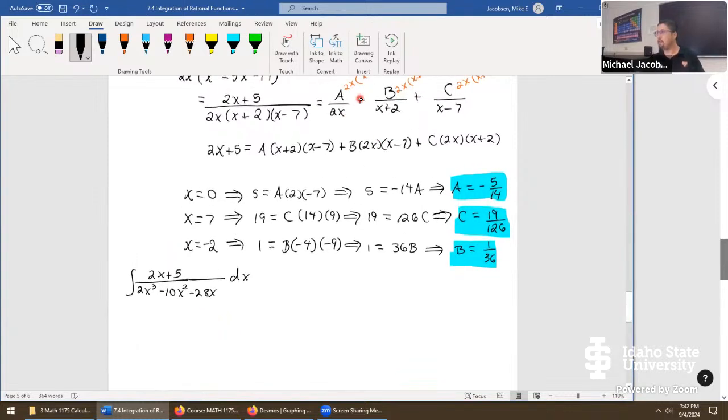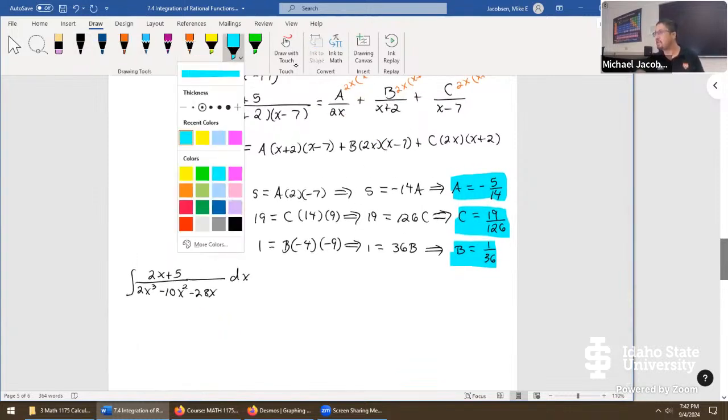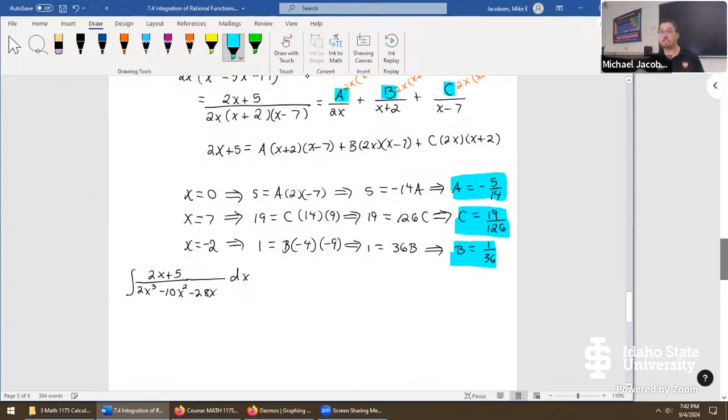We're going to write this in, but in place of a, b, and c, we just throw in the coefficients we have just found. So the original integral, copied here just so we know what we're working with, becomes, first as a, that's going to be -5/14 divided by 2x.